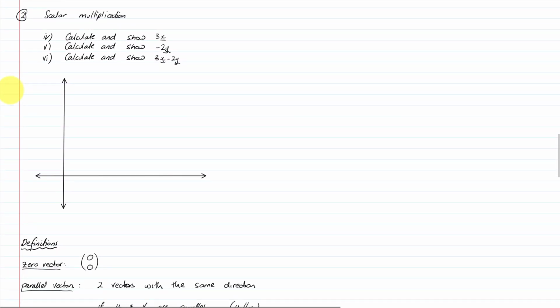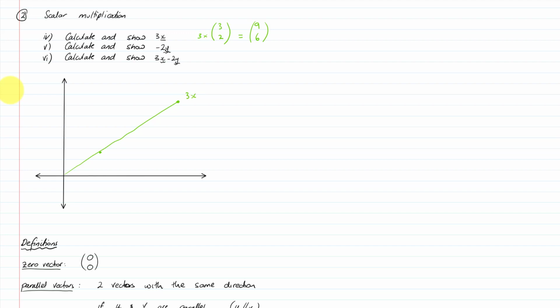And scalar multiplication. So calculating these, 3 times x is just 3 times, keep in mind x was (3, 2), and that's equal to (9, 6). So (3, 2), which is here, just blows out to be (9, 6), which should be just further along here.